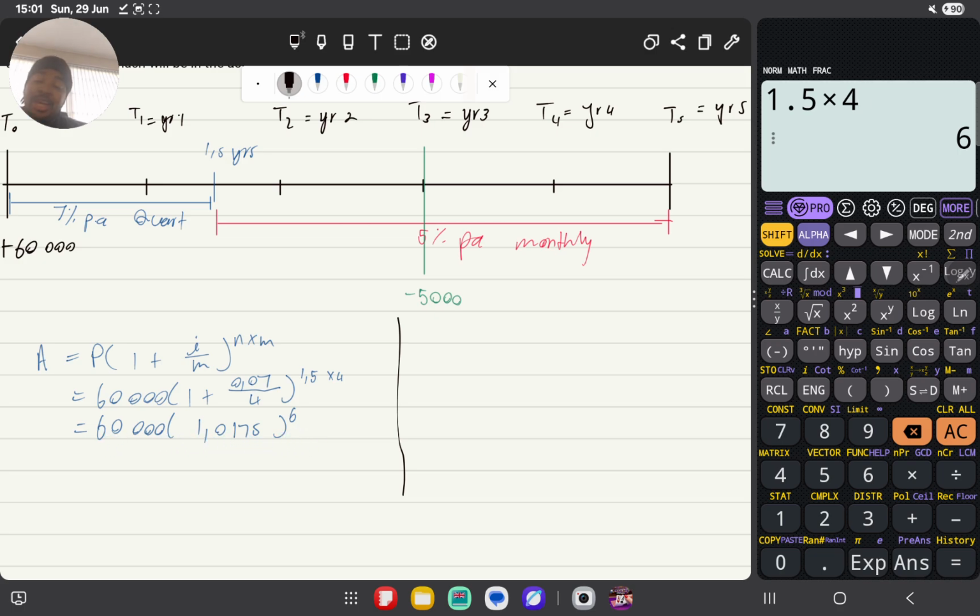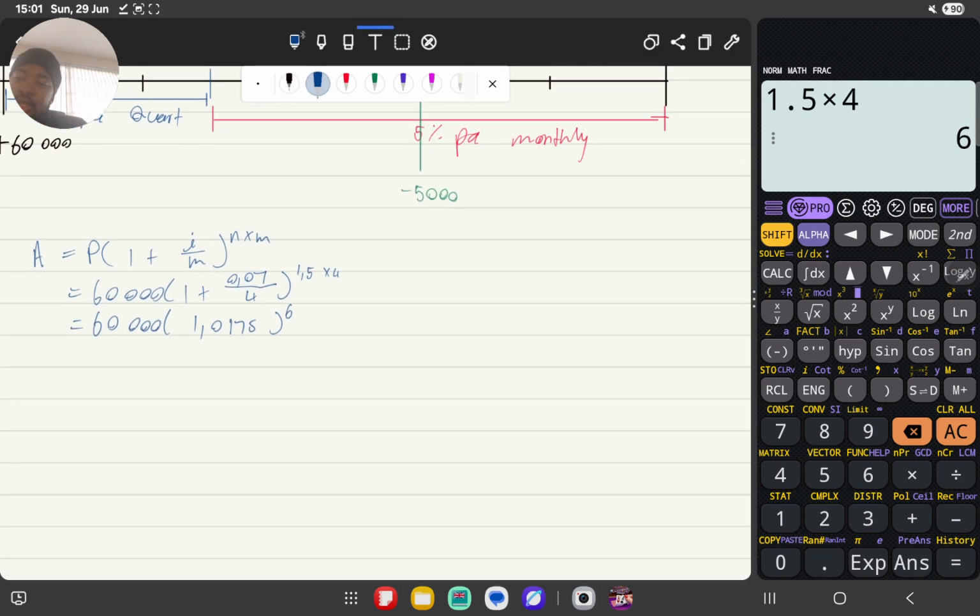This right here, I don't want to put it in a calculator yet, because I saw some issues when you round up the numbers early, and the values don't end up matching the exact value you want, but it's a minor thing. So this amount right here, let's call it A. So now let me calculate A.